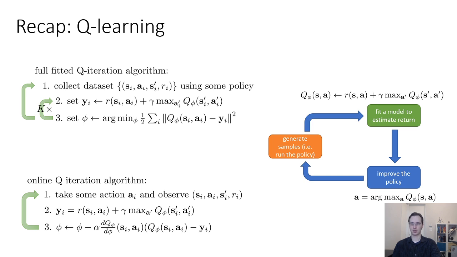Step 2, calculate the target value Yi for that transition. Step 3, perform one gradient step on the difference between the output of the Q function and the value that you just calculated. And of course, as usual, this algorithm fits into our anatomy of a reinforcement learning method. The orange box is step 1, the green box is where we fit our Q function, and the blue box here is somewhat degenerate. It just involves choosing the action to be the argmax of the Q.